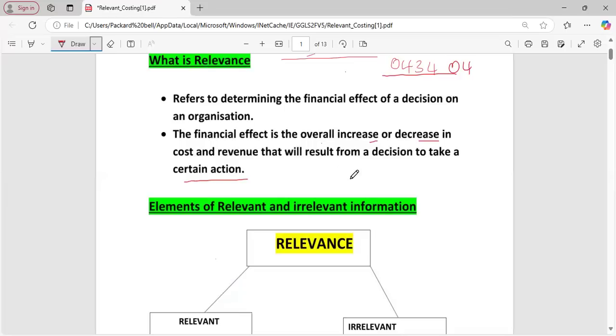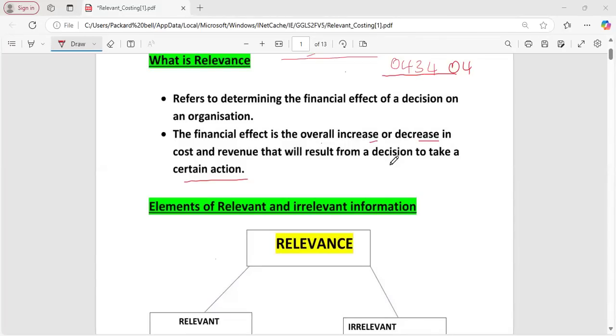So what is relevant cost here? When we talk of relevant cost, we are saying these are the costs that will be incurred as a result of a decision being taken. So what it means is, if you don't take a decision, you are not going to meet those costs.